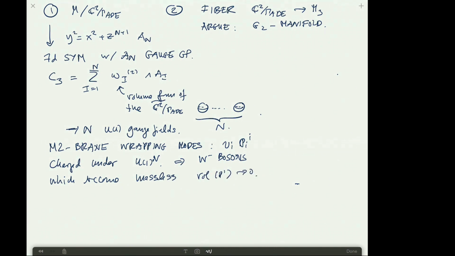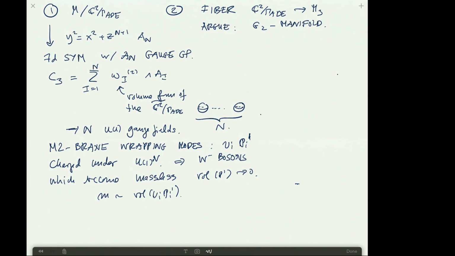The mass of these is basically set by the volume of the P1s that they wrap. As the volume of these shrinks to 0, these become massless modes, and in this way we get an SU(n+1) non-abelian gauge symmetry.